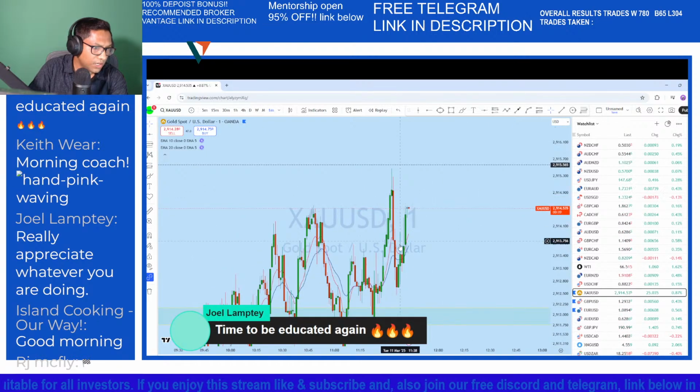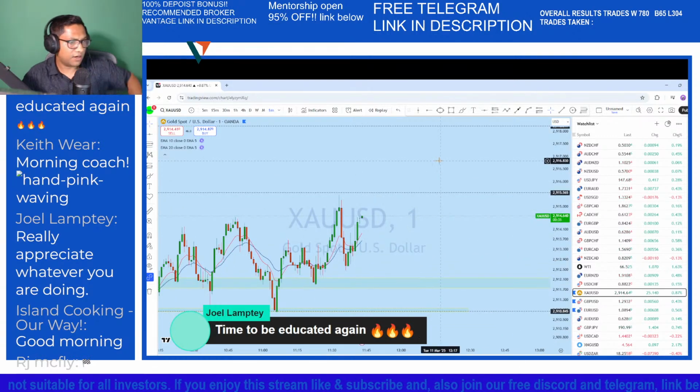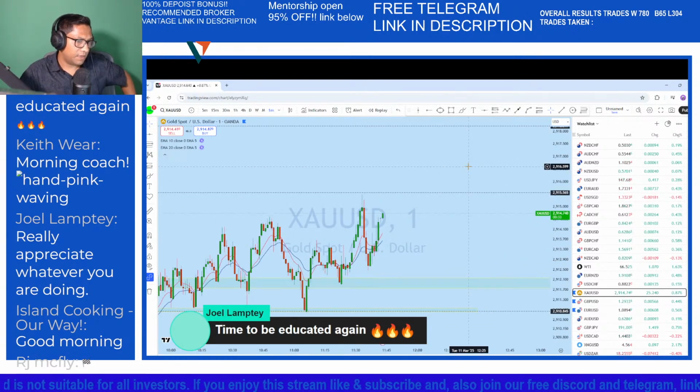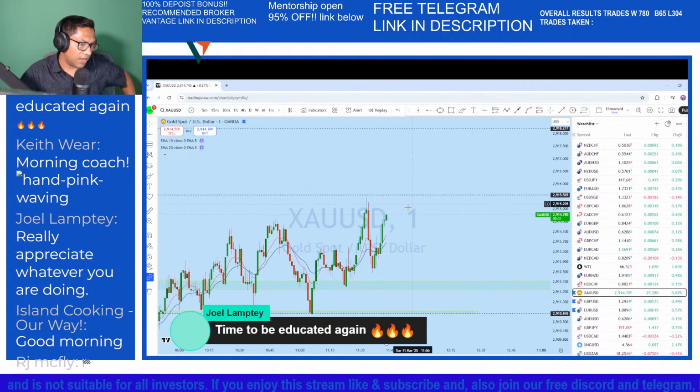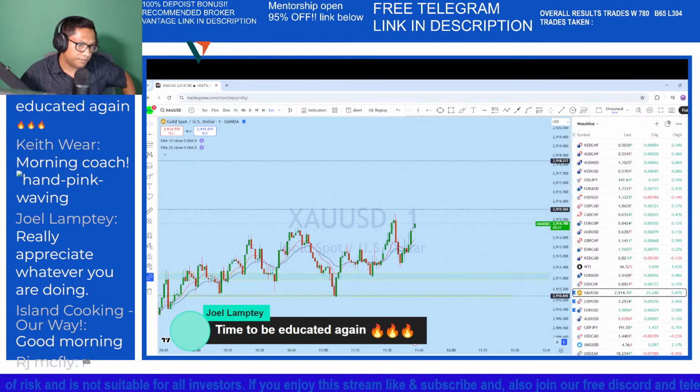So here is what we can see, with this narrow move, we want to see that the market is in a trend and heading to the upside to create a new higher high.